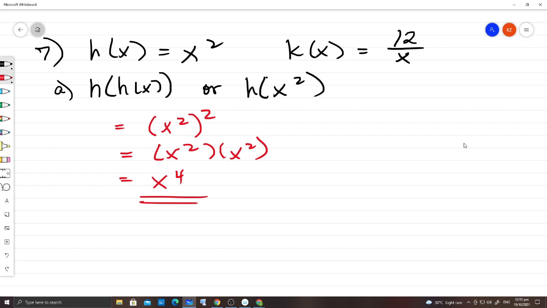Next one, letter B. h is composed of k of x, or we can write as h is composed of 12 over x.